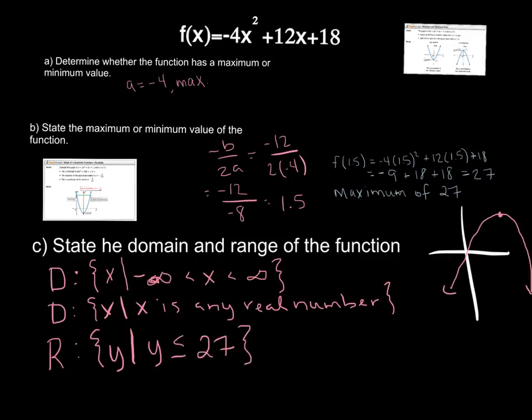Because we can have any y value, since we're going to continue going down, right? But we can't go above 27. Okay, so you could write either one of these for a domain, and then that is our range.